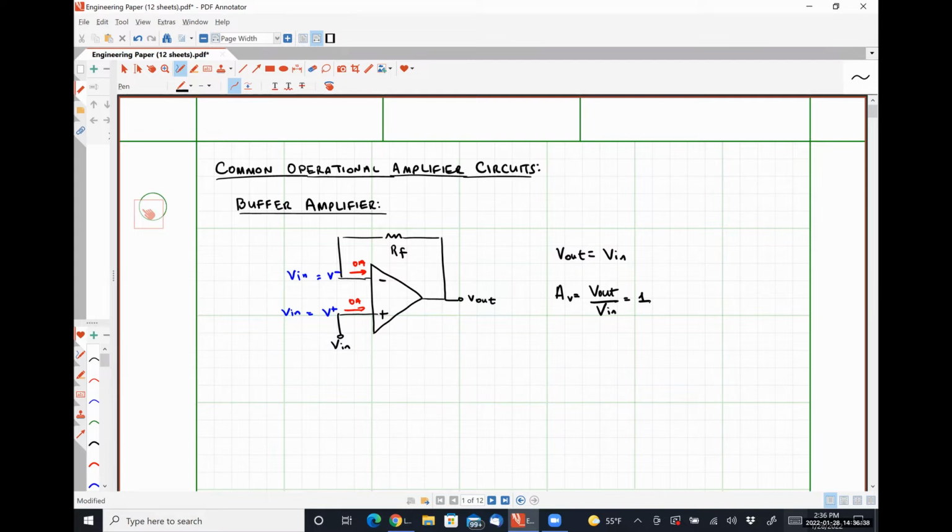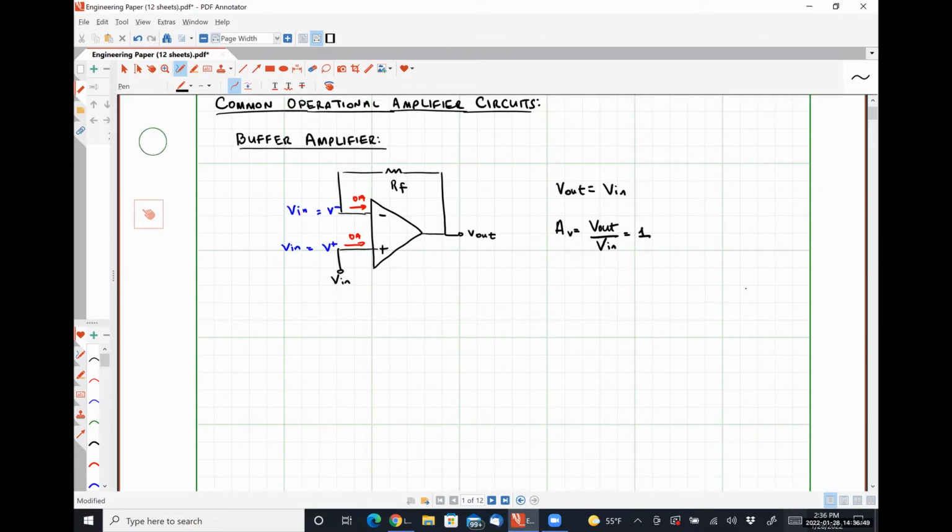This is our first amplifier. Fairly straightforward. Let's complicate things a little bit and start throwing some actual resistor networks and all that kind of good stuff in there. Okay. The next one that we're going to talk about is a non-inverting amplifier. It's very similar.